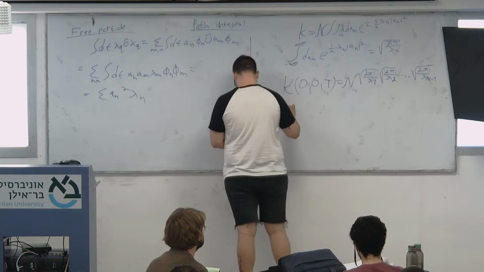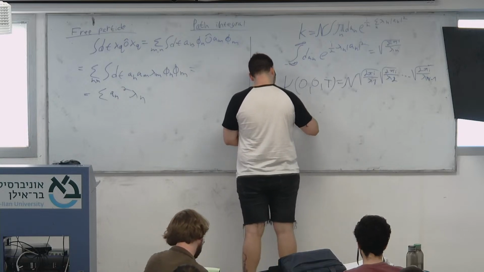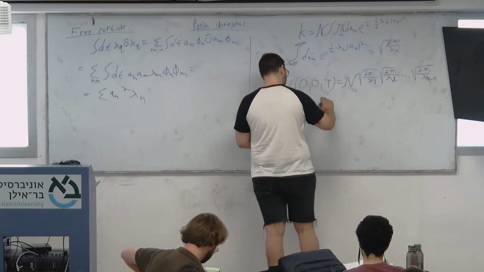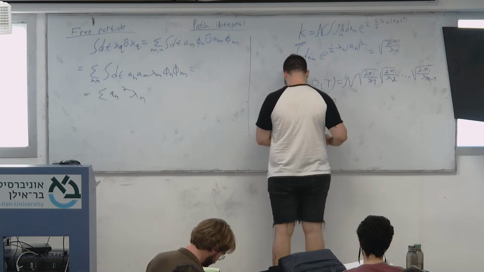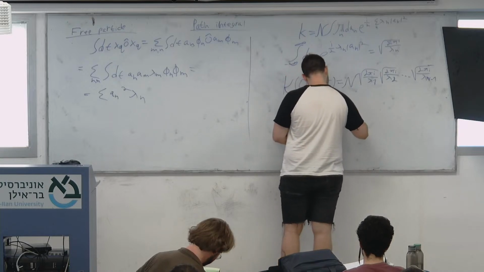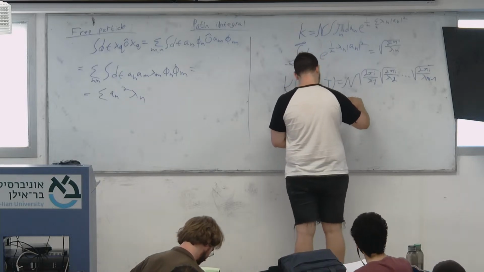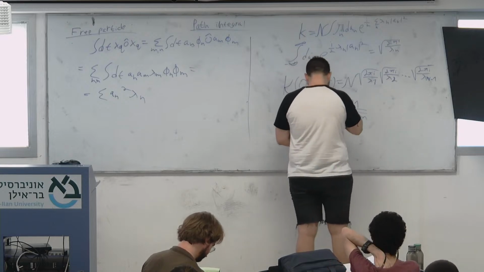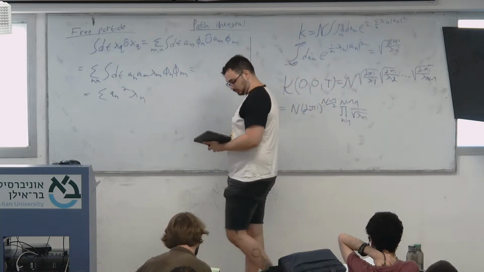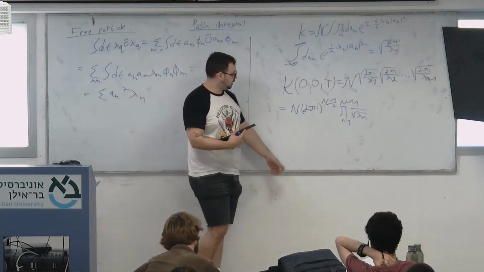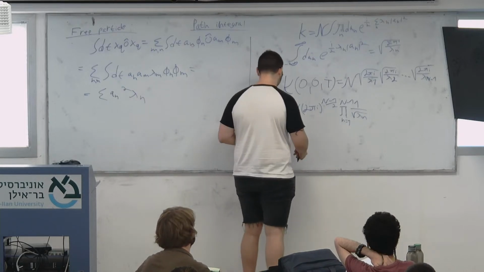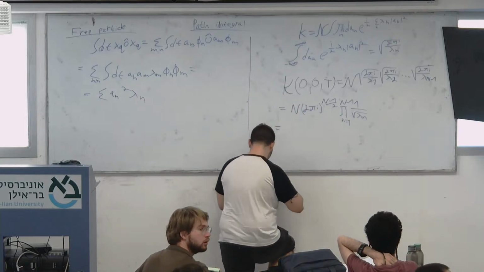Equals to 2 pi I to the power of n minus 1 divided by 2, multiplication n equals 1 to n minus 1 divided by square root of lambda n. Right? I'll absorb this 2 pi I into my normalization factor for simplicity.